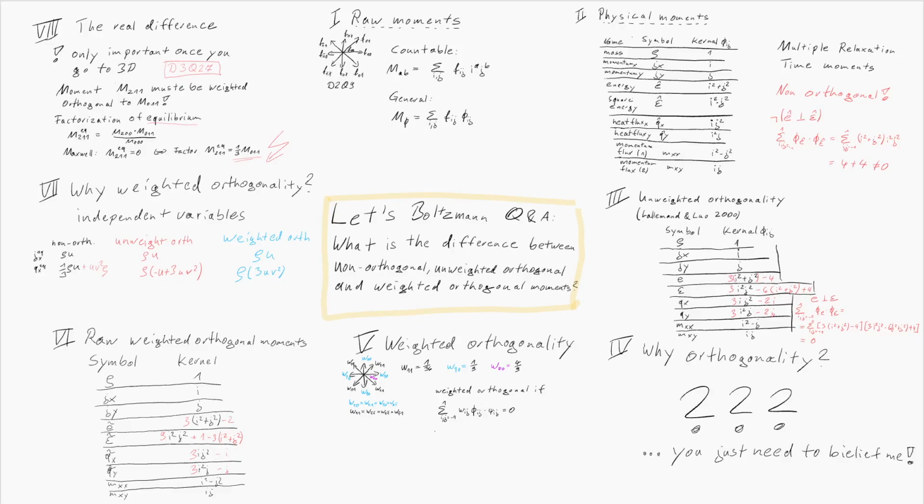If this is not completely clear to you, then please look into the cumulant paper that was also linked in the description. And actually you cannot solve this problem properly with moments at all. What you have to do is go to cumulants, and this is something we will learn later. Thank you for listening.